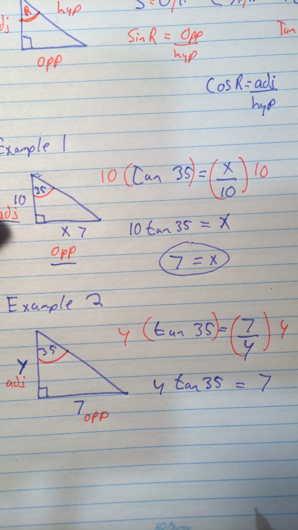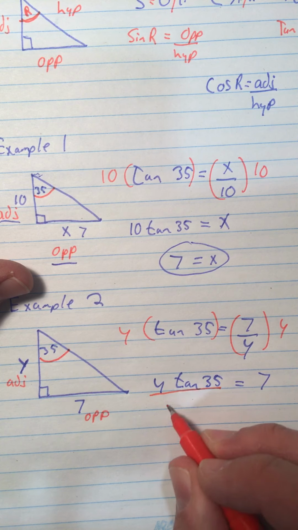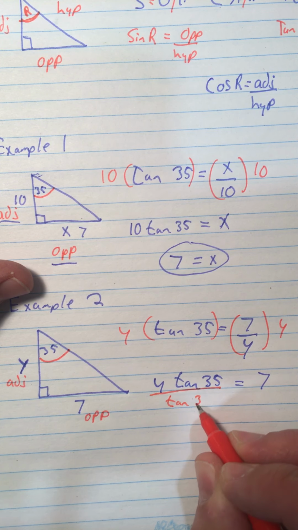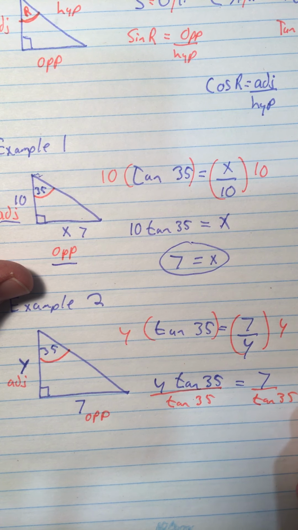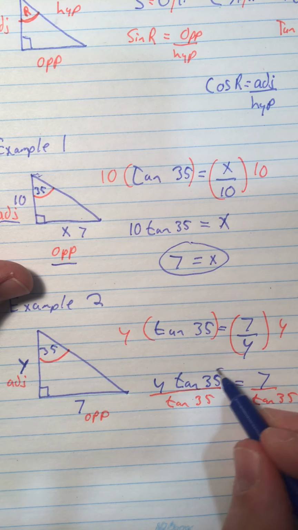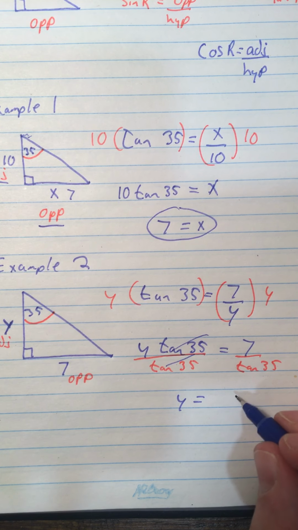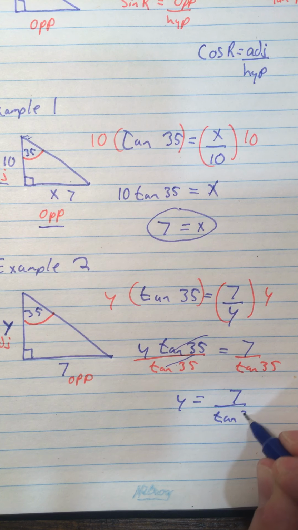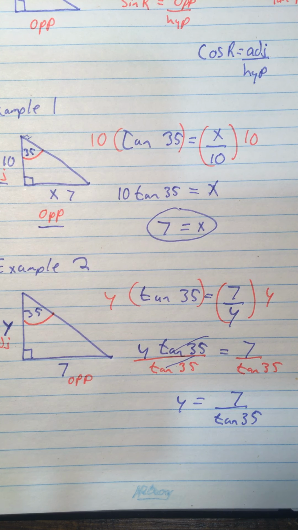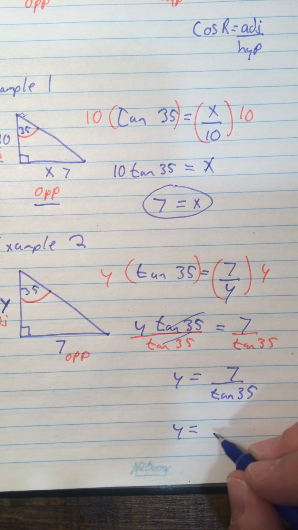Now, what's bugging my variable? There's a tan 35. So let's divide both sides by tan 35. It crosses out, and I'm left with y is equal to 7 over tan 35. Again, make sure your calculator's in degree mode, and when you type that in, you should get 10.